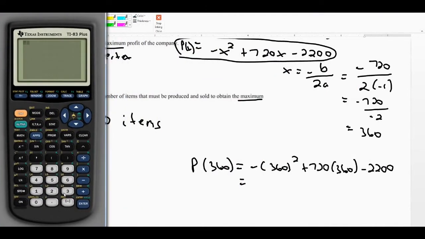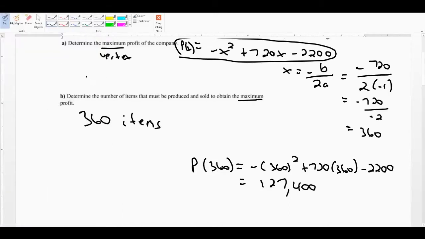Let's type it in as we have it written down. Negative 360 squared plus 720 parentheses 360 minus 2200. We get that answer, 127,400. Well, that's the answer up here. The maximum profit is $127,400.